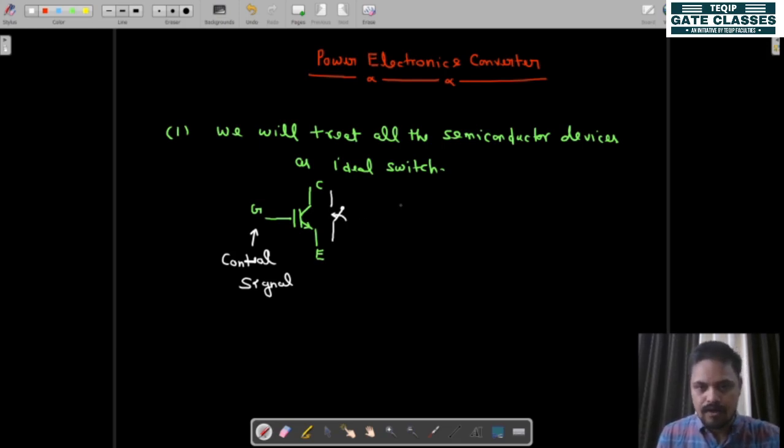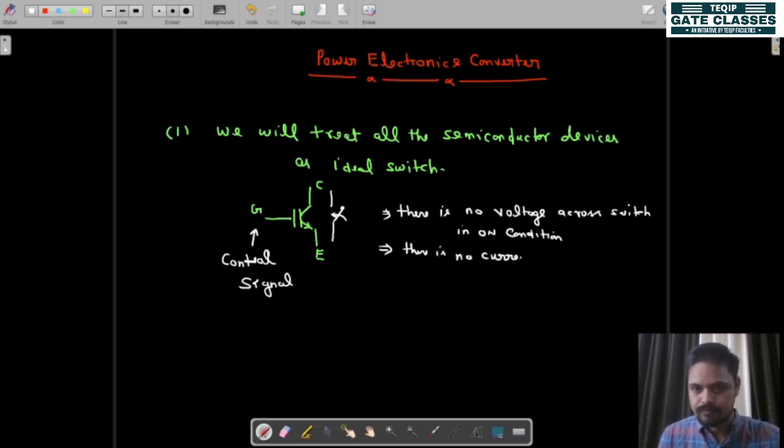Ideally we will assume that there is no voltage across switch in on condition, and there is no current through switch in off condition.